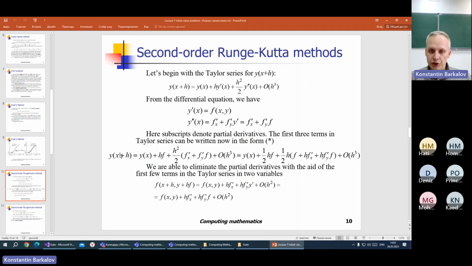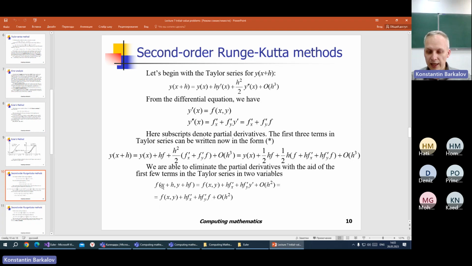If I rearrange these terms, I can write it as it's written here. We are able to eliminate the partial derivatives with the aid of the first few terms in the Taylor series in two variables.